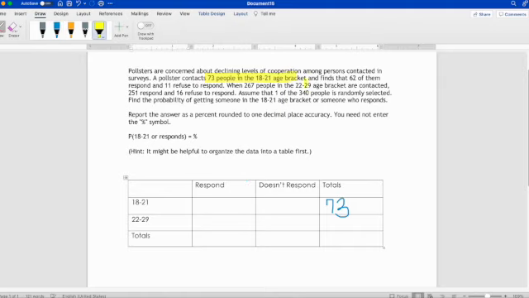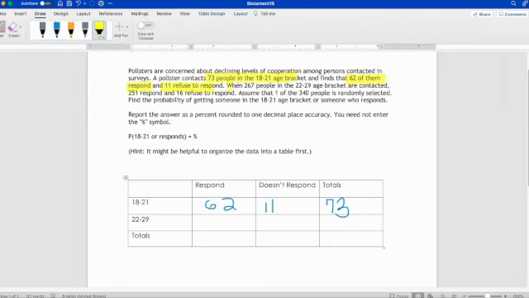Now we also have 62 of those respond and 11 don't. So I'm going to put 62 respond and 11 don't. And when I check the 62 and 11, that gives me 73. So you just check as you go along to make sure what you're doing makes sense.